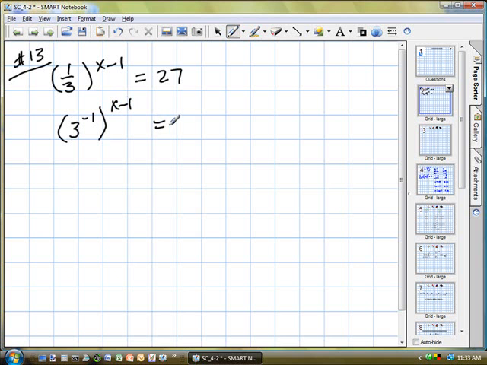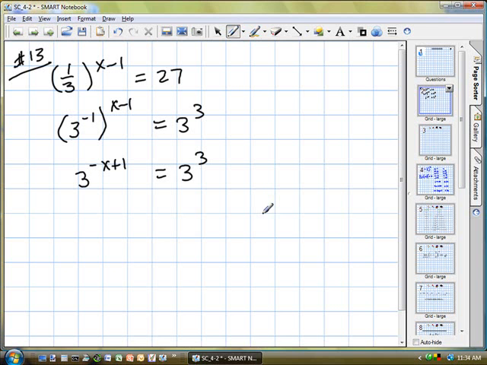And then we can rewrite the left side this way. So I'll just stop and make sure everybody, do you see how I got there? Okay, first I rewrote 1/3 as 3 to the negative 1 power.